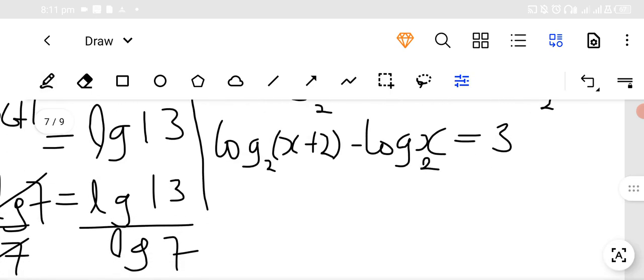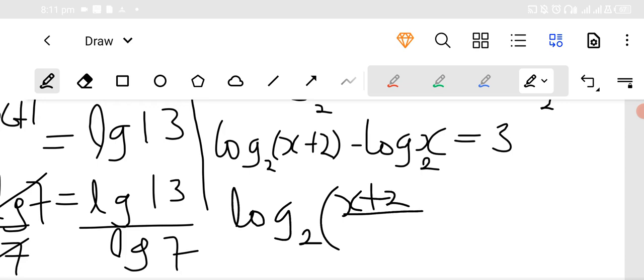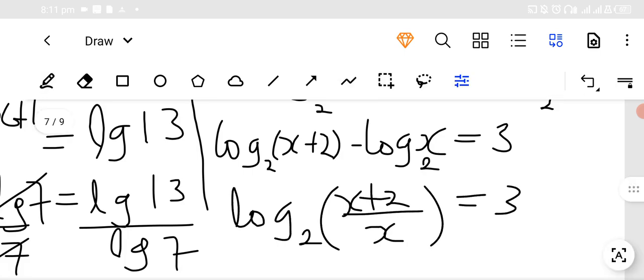Then when you're subtracting logs, you divide. So first of all, you get the common base, which is log base 2. And the expression in front of the log is x plus 2 there, and x here. So x plus 2 divided by x is equal to 3.